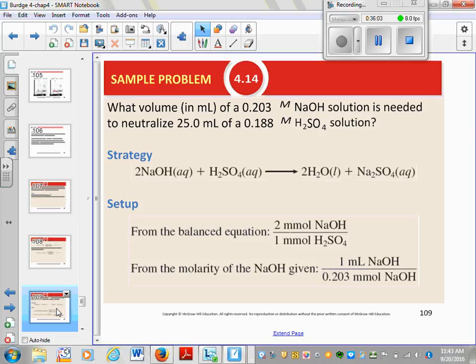And we want to know its volume. So its volume would equal 0.376 times 25 divided by 0.203, whatever that comes out to be. I'm too lazy to do it. Somebody's going to tell me.